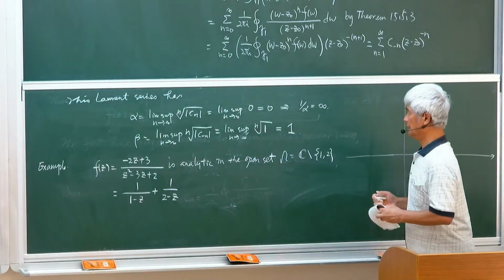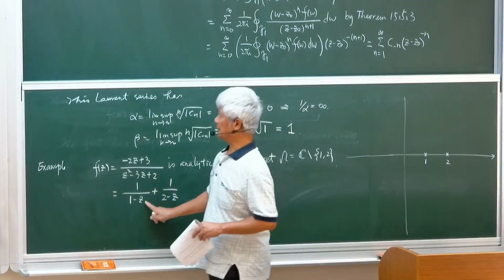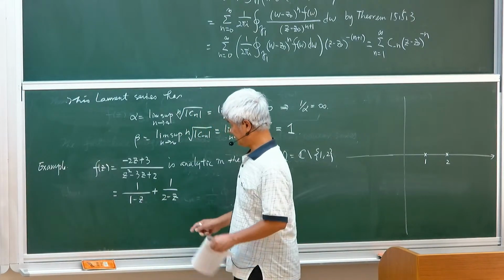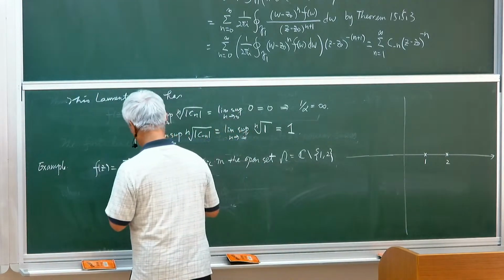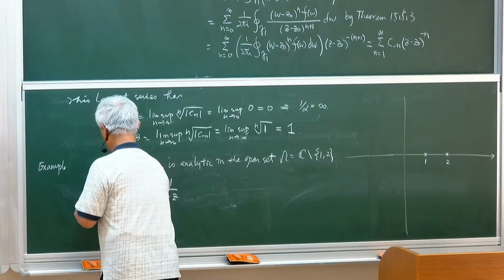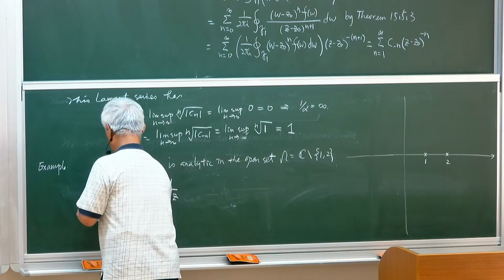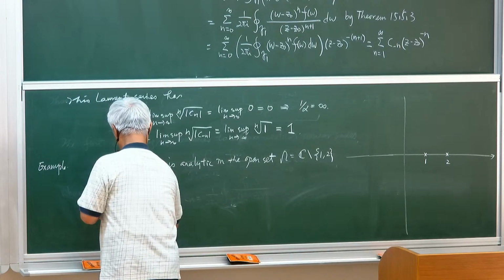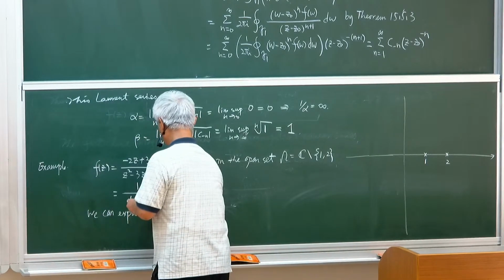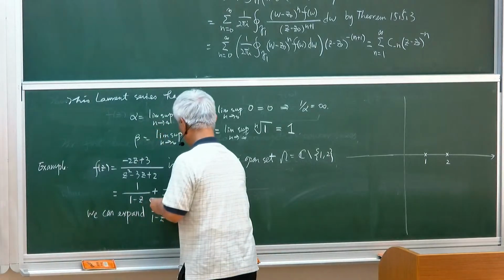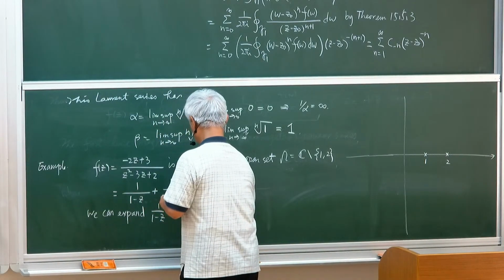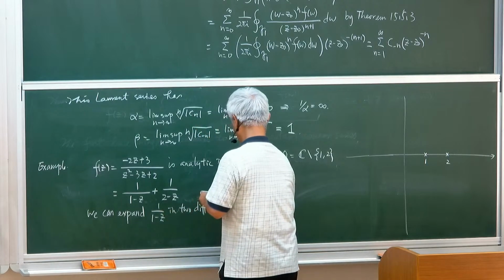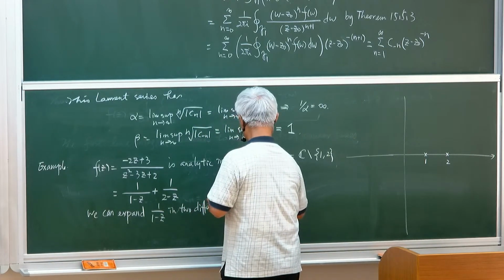And we have experience with the expansion of this kind of function. So we can expand 1 over 1 minus z in two different ways, as in the previous example.